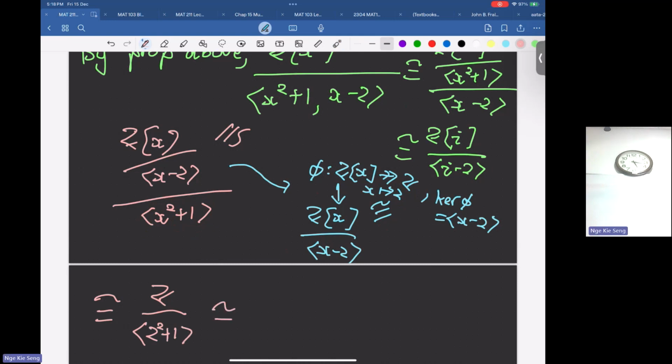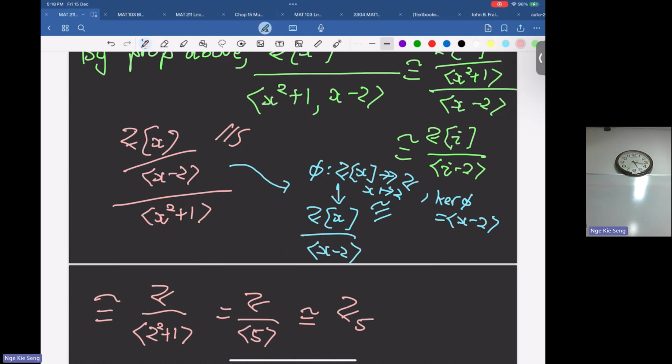And then this is just Z quotient by the ideal generated by 5. And then what is this? 0 is equal to 5, equals to 10, equals to minus 5. So this is exactly Z mod 5, correct? Yes, Z mod 5.